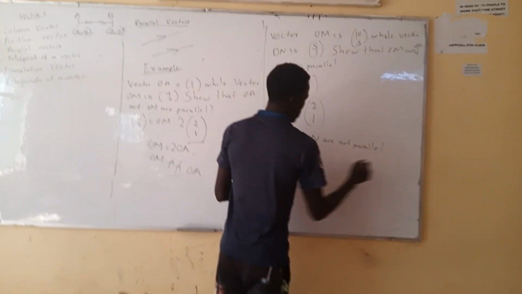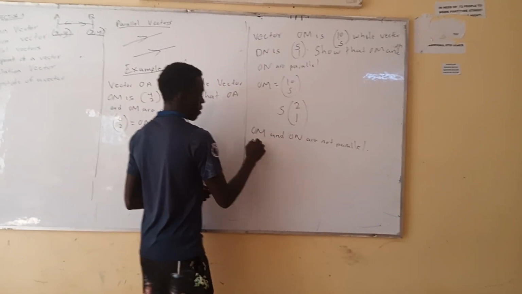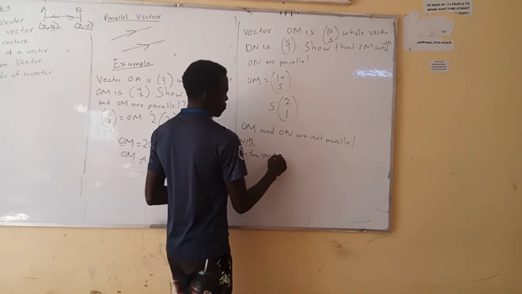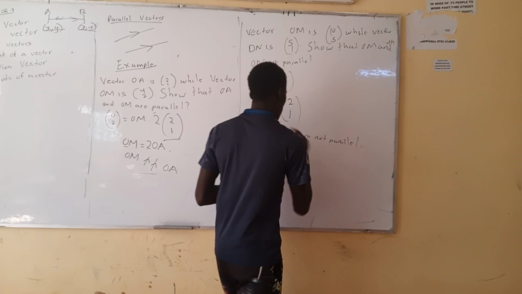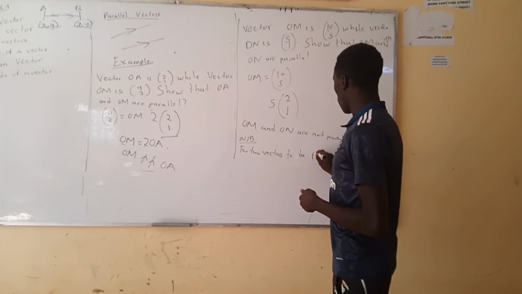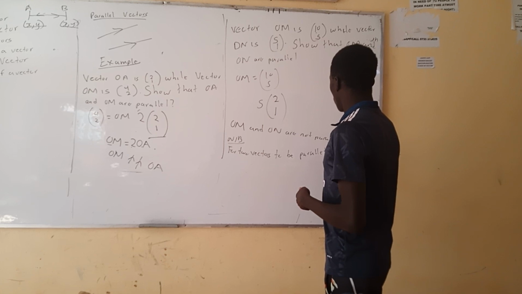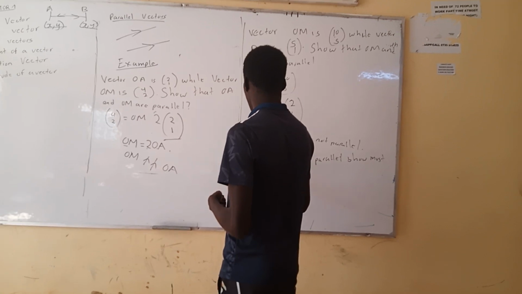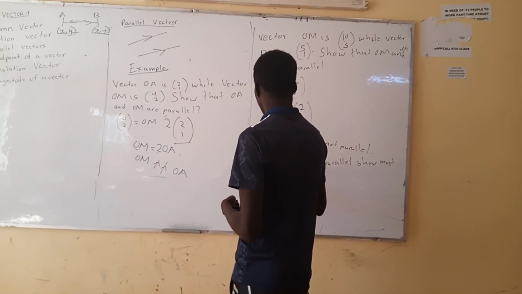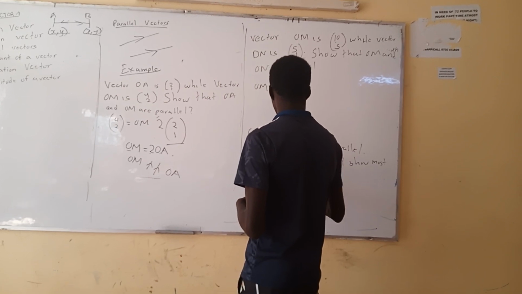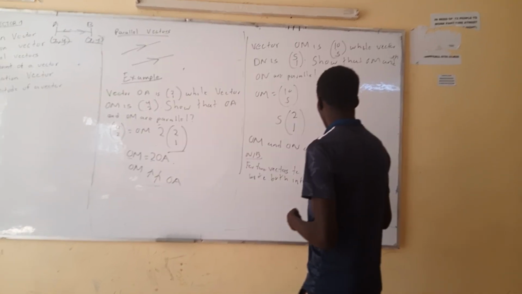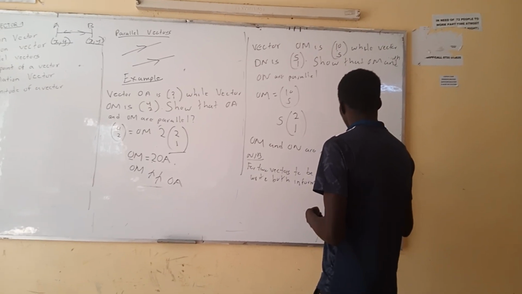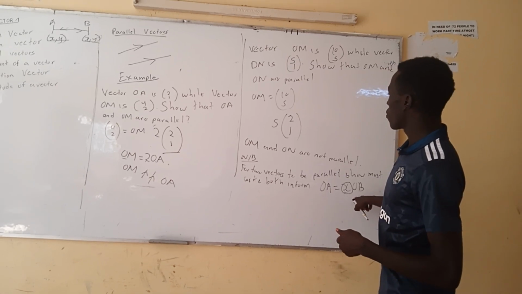So in short, for two vectors to be parallel, you must write both in the form of OA equals X OB. So you must always write this one up with a scalar for two vectors to be parallel.